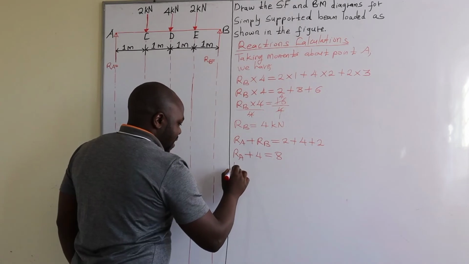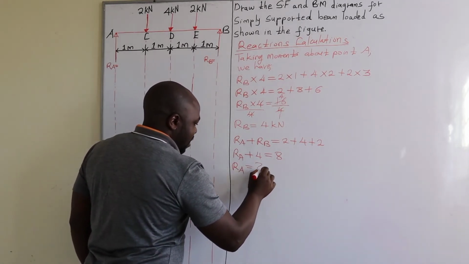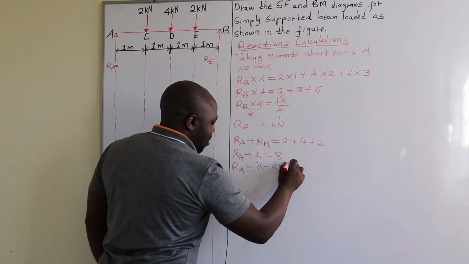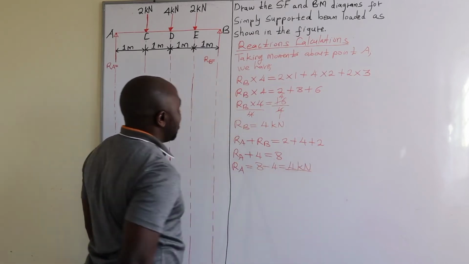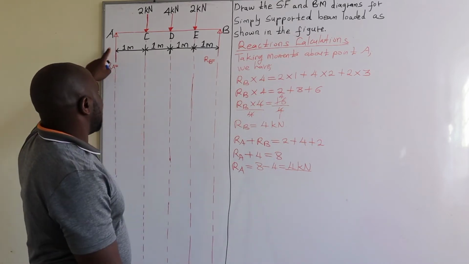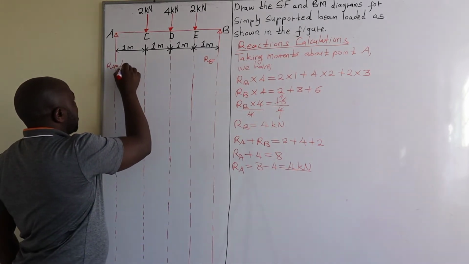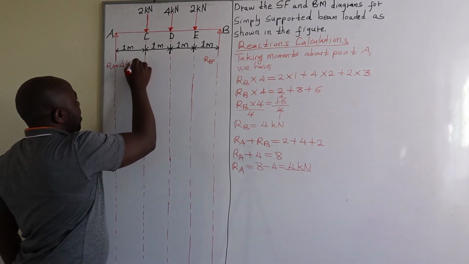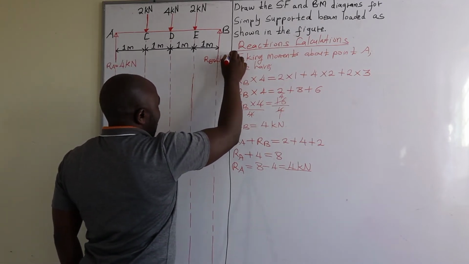So to get the value of RA, we have RA equals 8 minus 4, which is 4 kilonewtons. Therefore, we now have the reactions at point A and at point B: RA is equal to 4 kilonewtons and RB is equal to 4 kilonewtons as well.